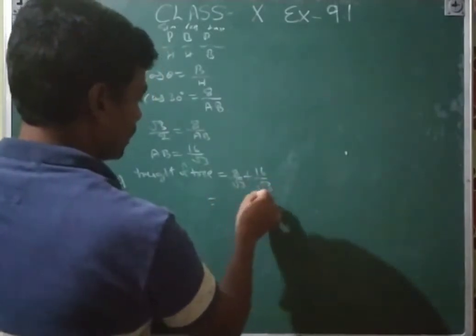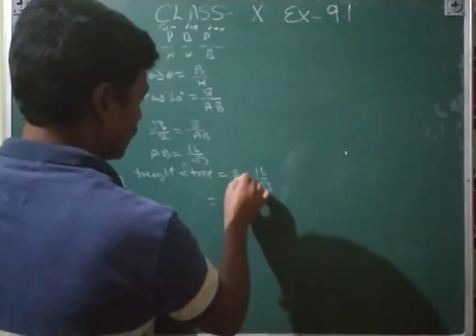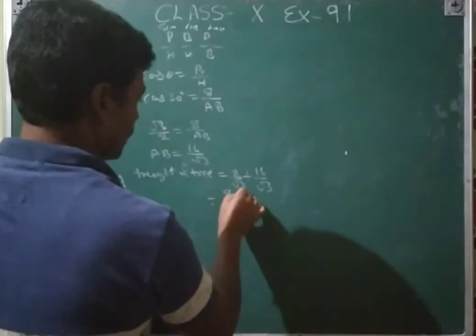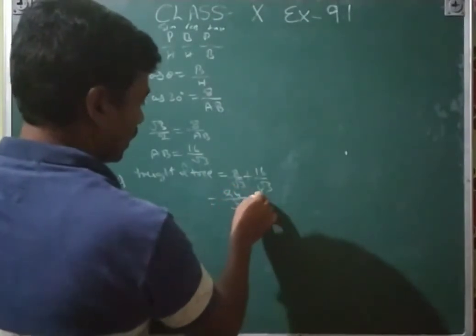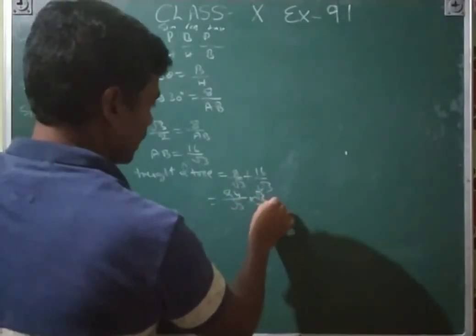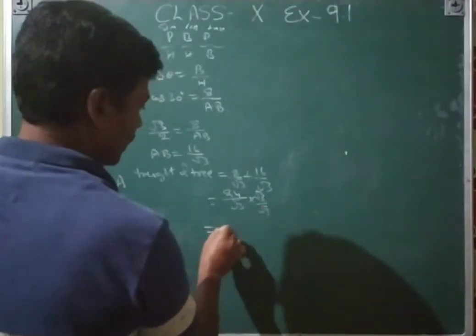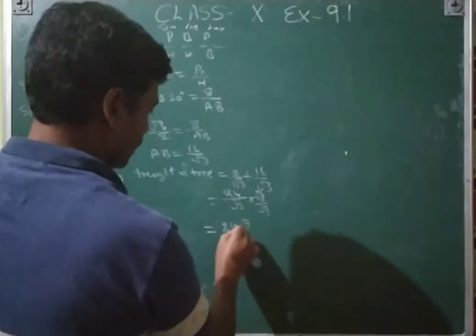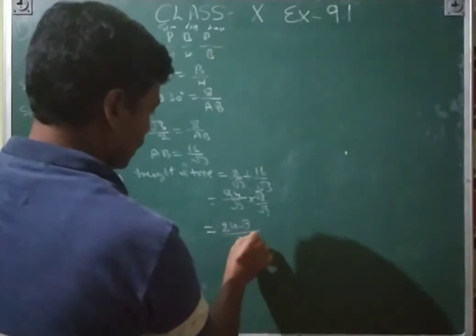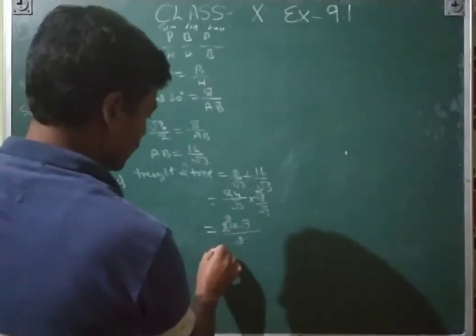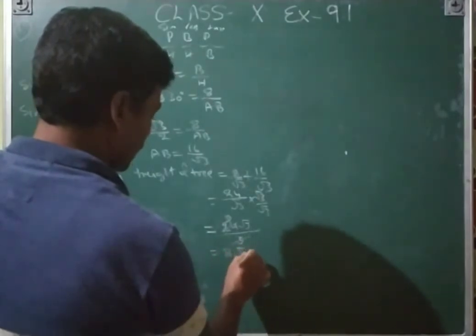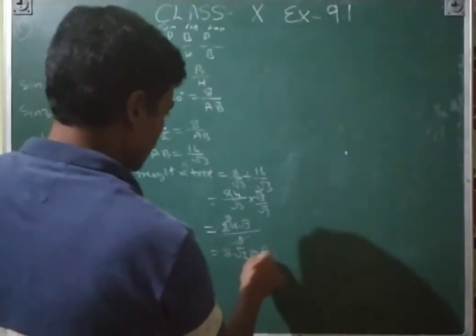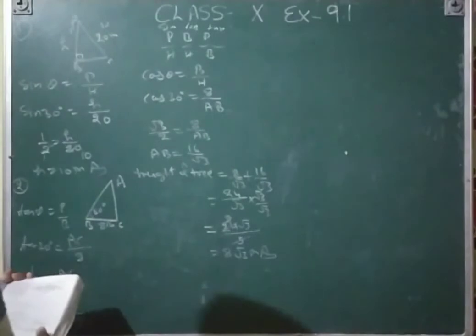Root 3 is the LCM, so 8 plus 16, 24, and then root 3 is here. So we will rationalize that. So that will be 24 root 3 upon 3, which is 8 root 3. So the final answer is 8 root 3 meter. This is the height of the tree.